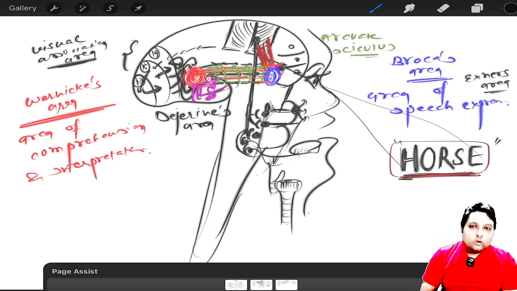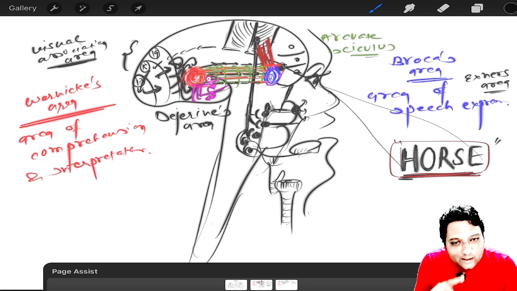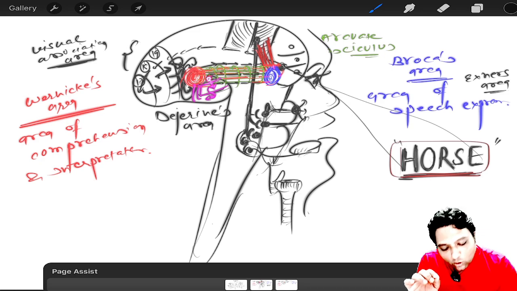Okay, so the fibers that originate from cortex to the motor nuclei of the brainstem are called corticonuclear fibers.